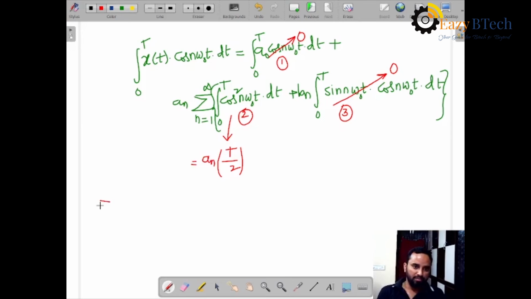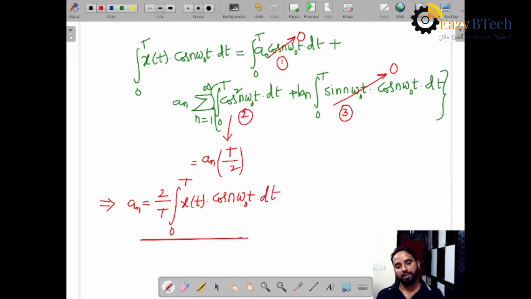Now by this we can have the formula of an. So an is equal to, sending this T by 2 to the left side, it becomes 2 by T, integral 0 to T x(t) into cos n omega naught t dt. Simple and easy.